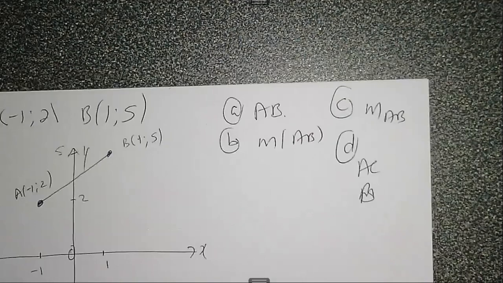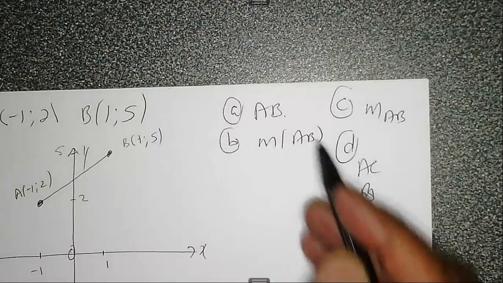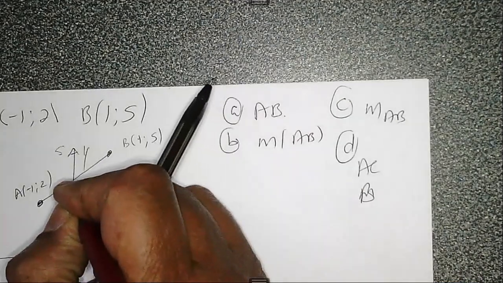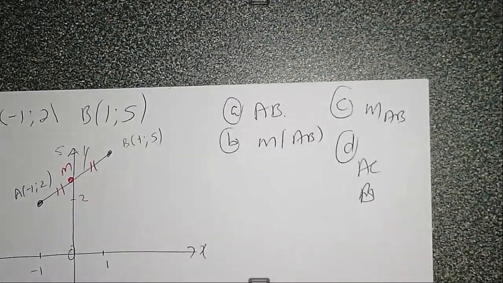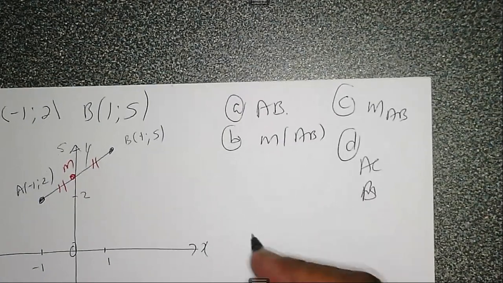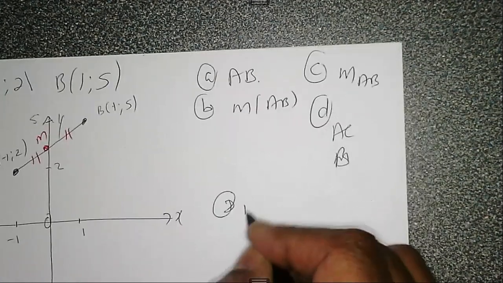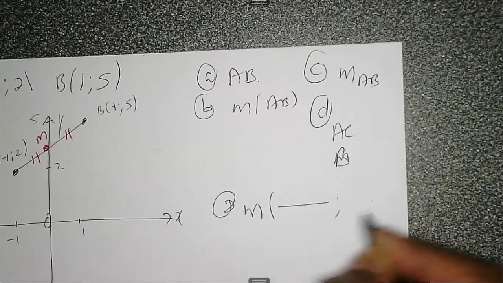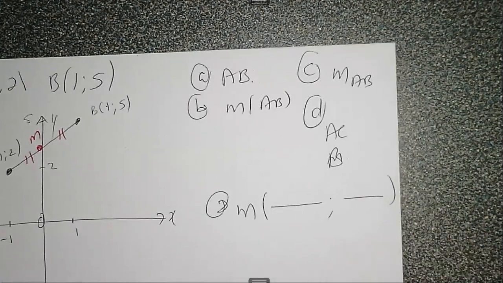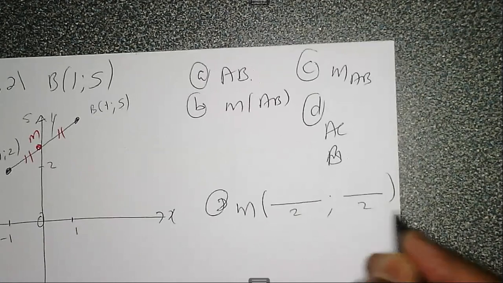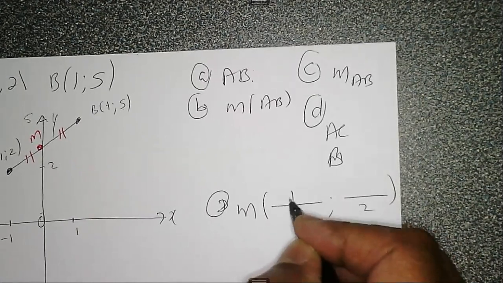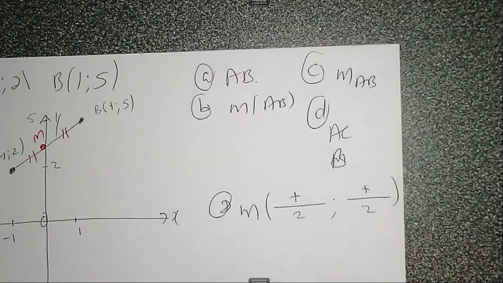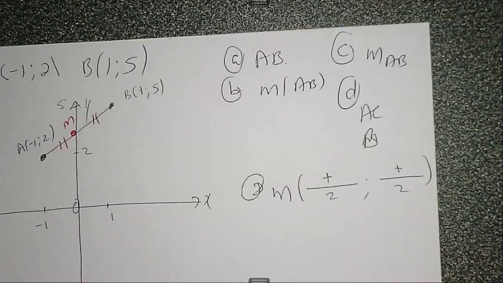The second question is, you must find the midpoint of AB. Maybe somewhere there, it might lie somewhere there. So the midpoint of AB, and you remember the formula. This is the basic structure of the formula: divide by 2, divide by 2. Here you add the two x values and you add the two y values.